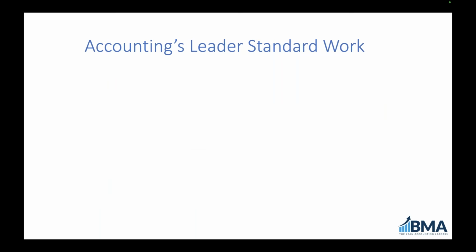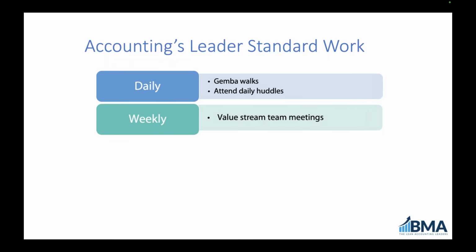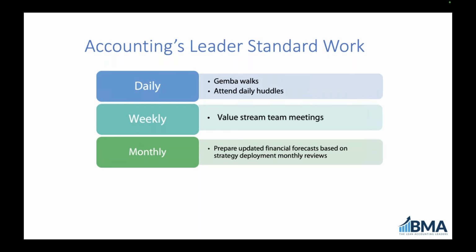So what does accounting leader standard work look like? On a daily basis, do Gemba walks and attend daily huddles. On a weekly basis, you're part of value stream team meetings. On a monthly basis, if you have strategy deployment monthly reviews, you're updating financial forecasts based on those reviews.